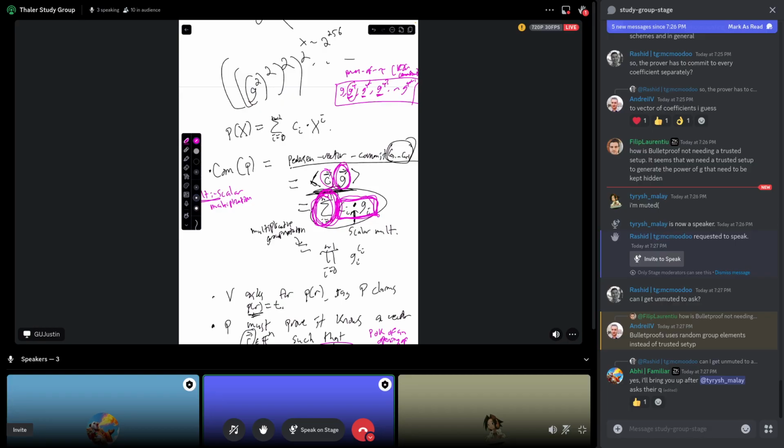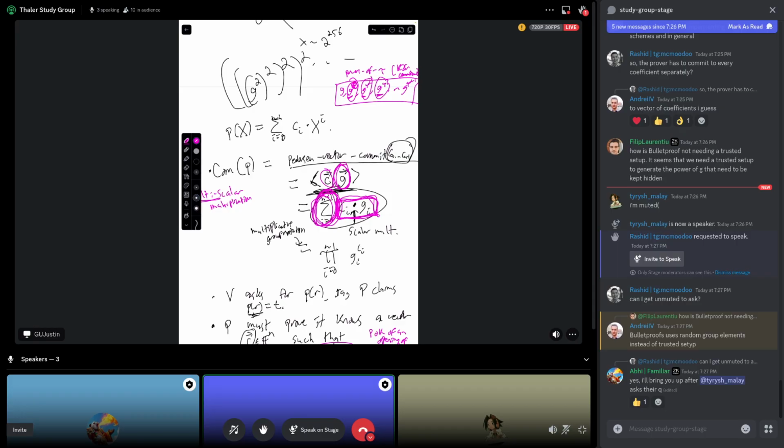G to the tau is random if tau is random. But information theoretically speaking, once I tell you G to the tau, I've told you tau, and hence I've told you G to the tau squared and G to the tau cubed and so on. That's what a trusted setup produces, and it's critical that no one in the world know tau, because anyone that knows tau could break binding of the commitment scheme.